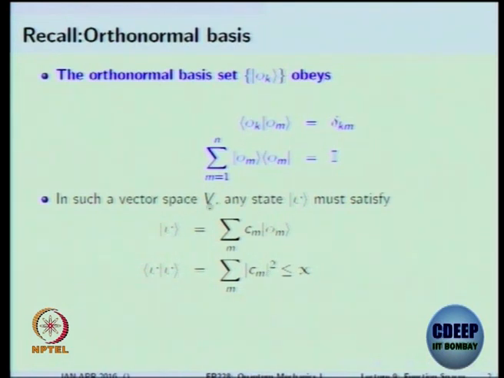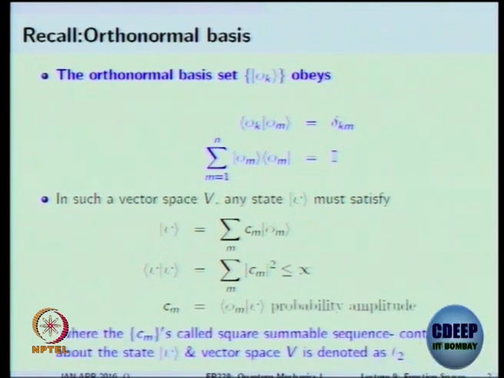And the states which are written in such a vector space, where we have this square summable sequence, we denote it by little L2. So little L2 is a vector space which consists of all possible states psi such that the Cm's satisfy this criterion, or the norm is finite, then you call this vector space L2. Okay, so this is a discrete set of basis states, and we'll come slowly to a continuum set, countable, uncountable, and so on.